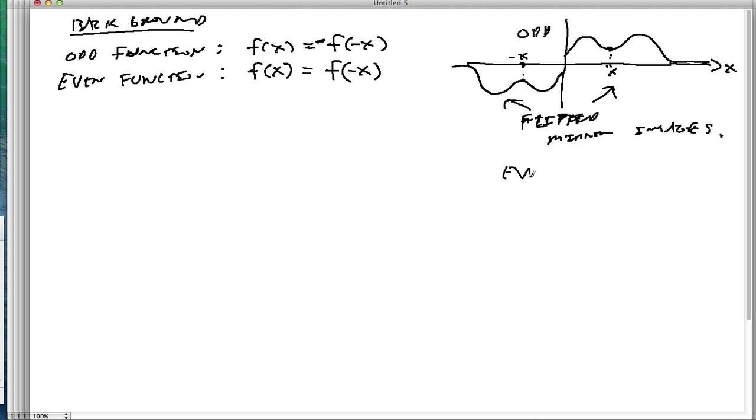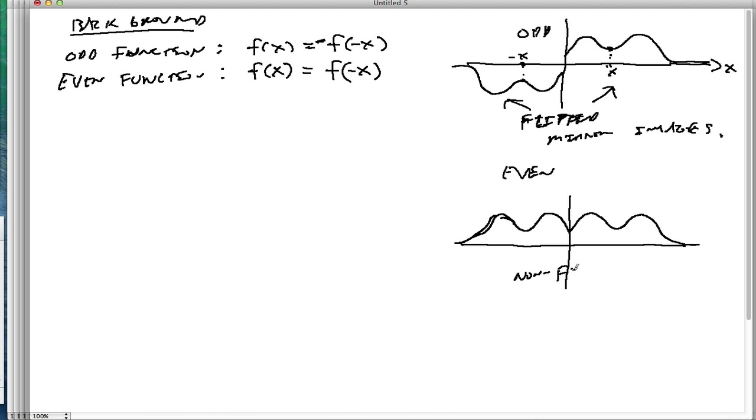And an even function, if I have the x-axis again, x equals 0, it'd be something similar. I'd put it like that. What would happen is I would want the positive side there, like that. So here, these are non-flipped.